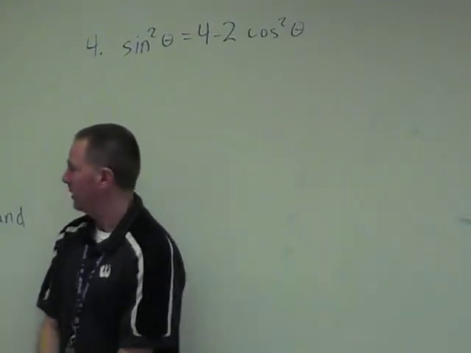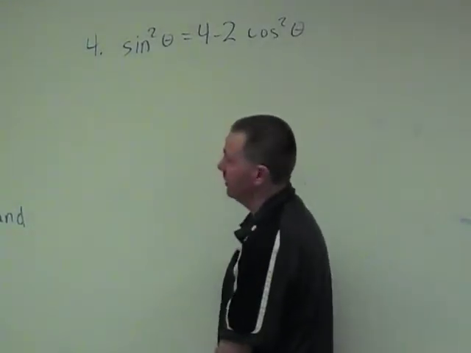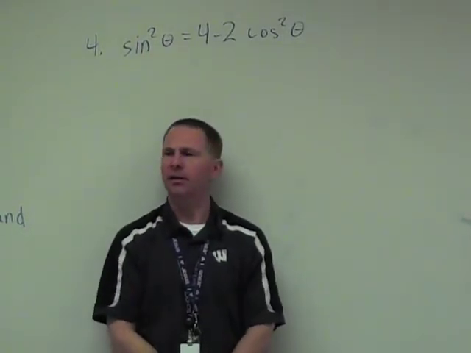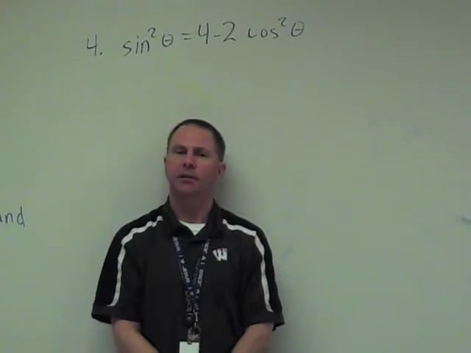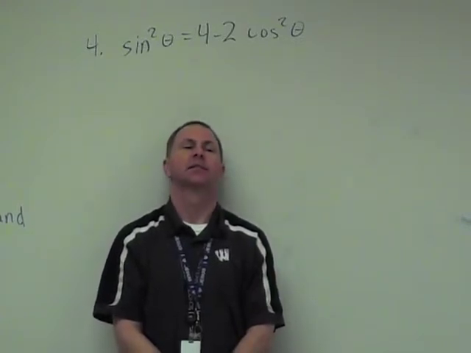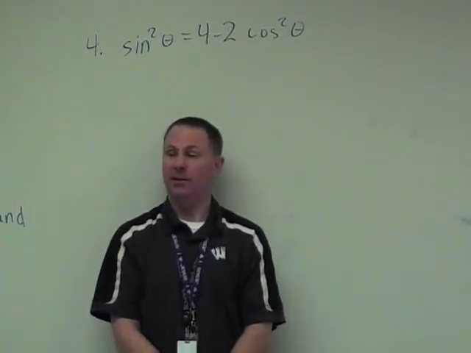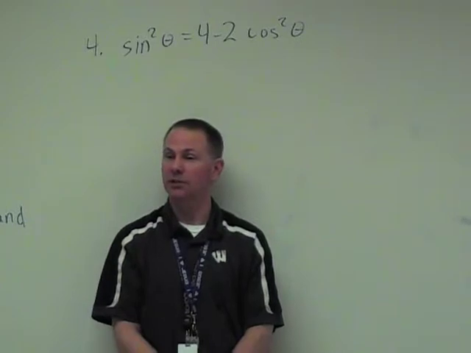So what do you know about Pythagorean identities that you can use here with sine and cosine? What's the Pythagorean identity for sine and cosine? I'll wait. You have your reference sheets.